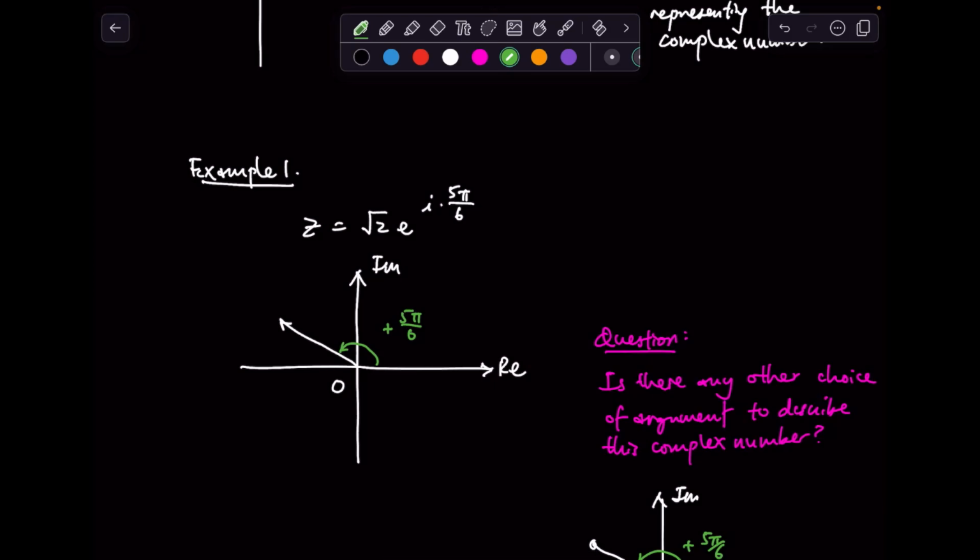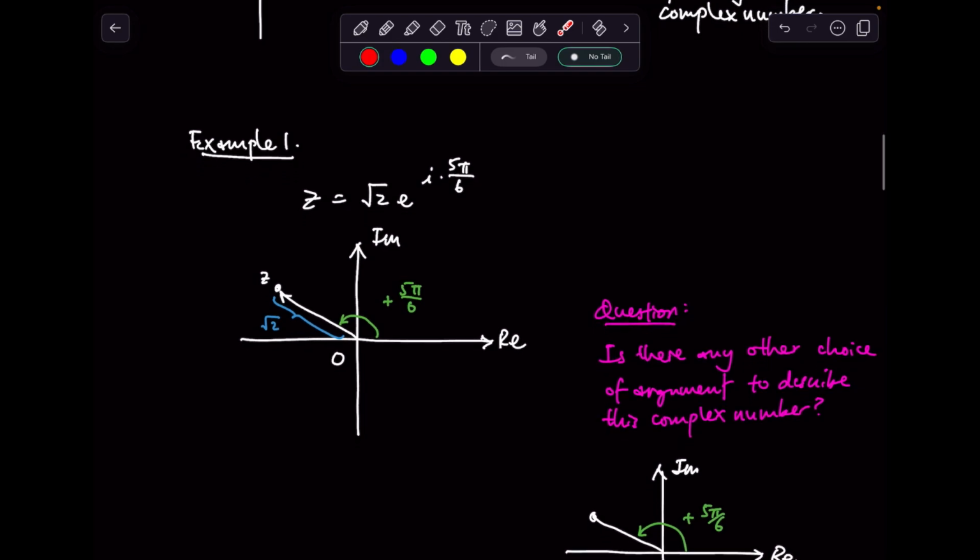Okay, this means that my position vector from the origin to z, this distance here, which is the modulus, is root 2. Okay, so this is how we represent our complex number on the Argand plane.